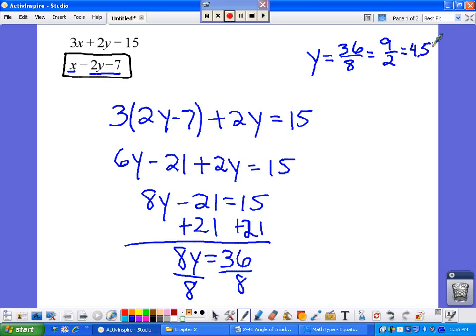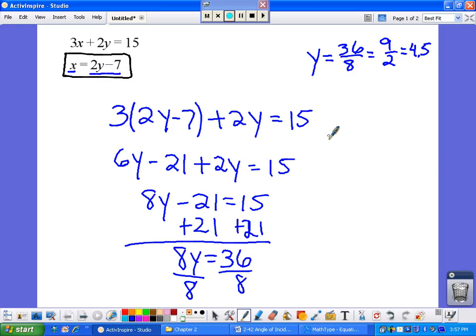Now remember, whenever you have two equations in a system, it doesn't matter if they're linear, we can find where they cross. And that's our solution to our system of equations. So I have y, and I have this equation right here. So maybe if I plugged in my y value, I could get x.